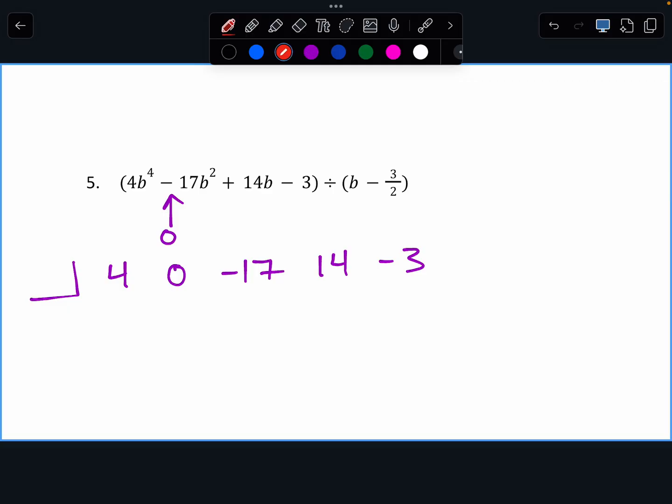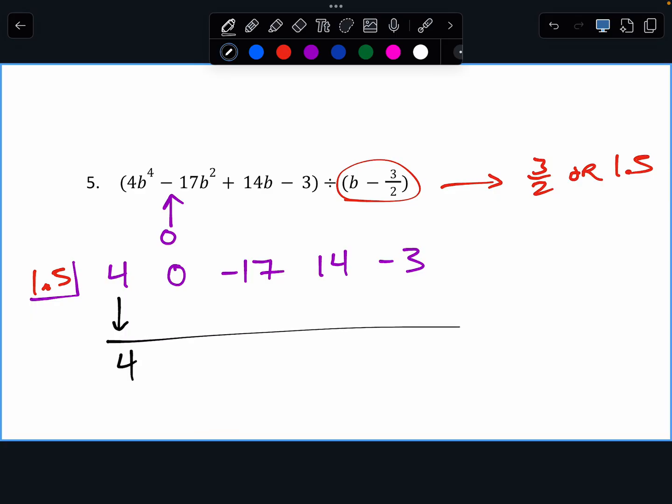And in here, I'm actually going to use +3/2 or 1.5. Some of you might benefit from the decimal a little more, but either way, I'm going to use 1.5 just to make it decimal instead of a fraction. So 4 times 1.5, do that on my calculator, I get 6.